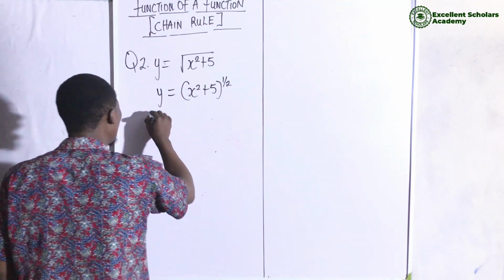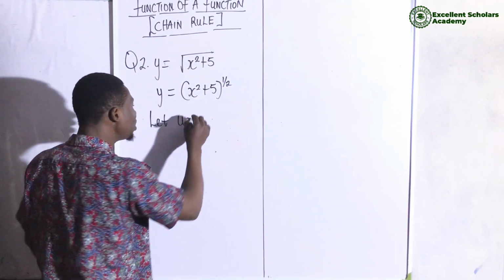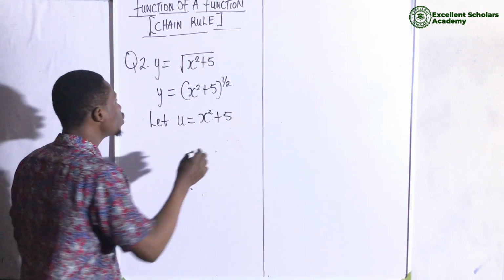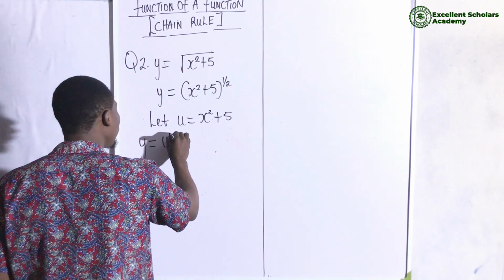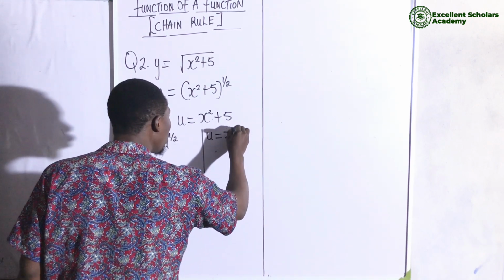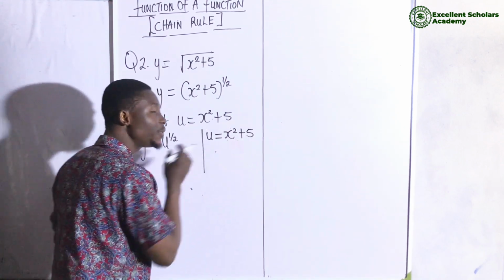So now you say let u be equal to the function inside, which is x squared plus 5. So now you have y equals u to the power of 1 over 2, and you also have u equals x squared plus 5. Now I'm going to differentiate here and differentiate here.